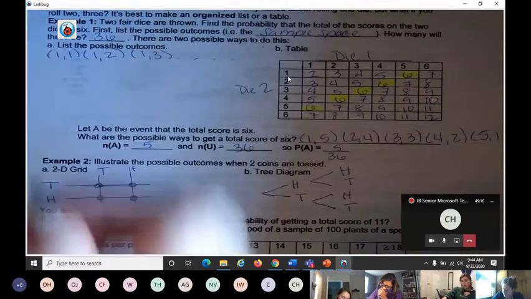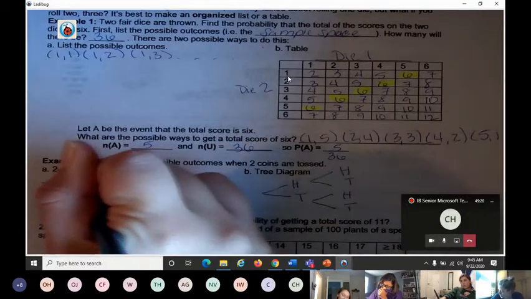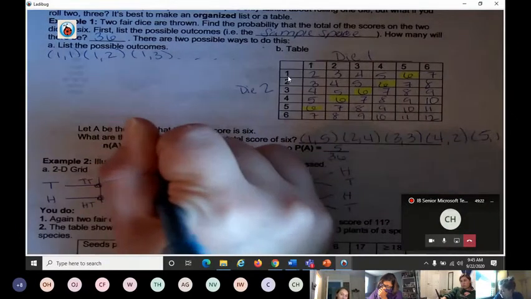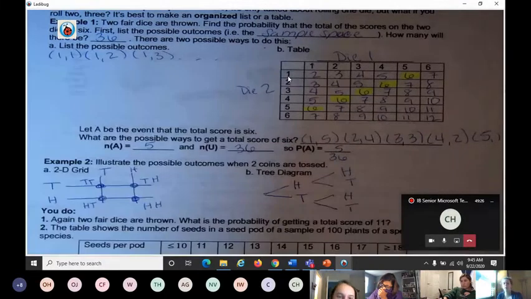So we could have tails, tails, heads, tails, tails, heads, and heads, heads. Okay, so those are two more ways to represent possible outcomes in a particular scenario. Questions on those?